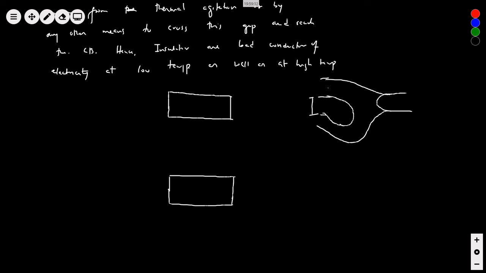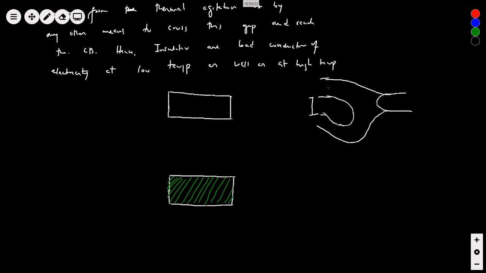So here you can see the valence band which is filled, but the conduction band is empty.